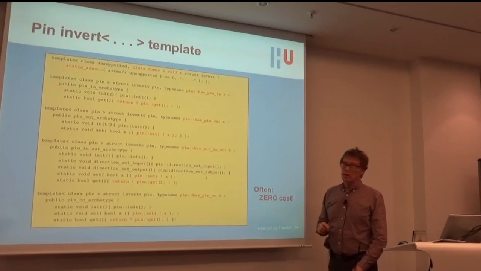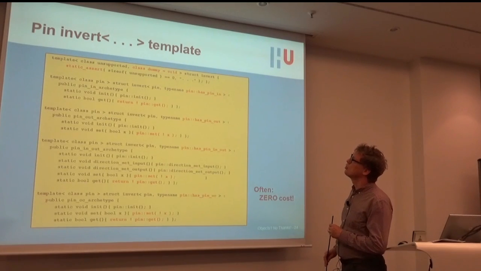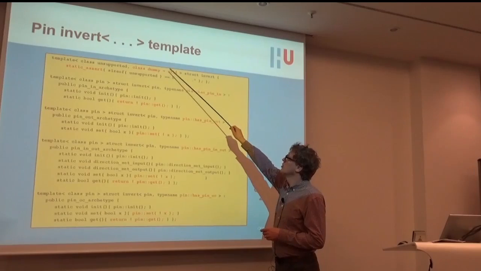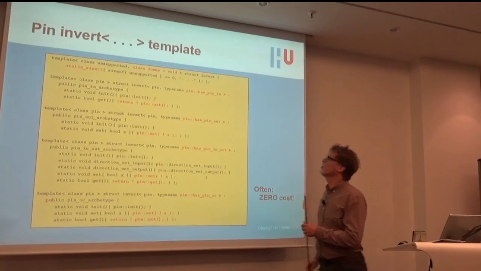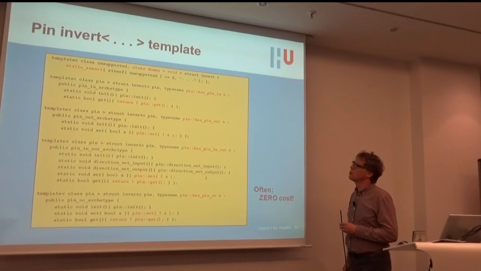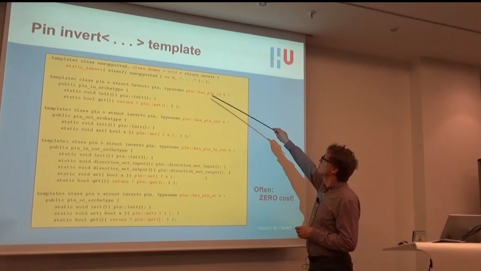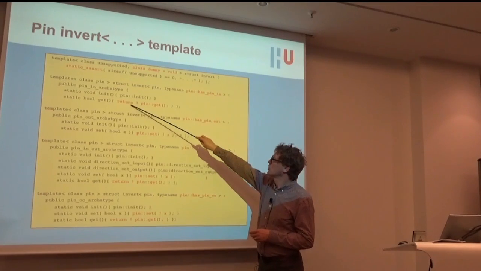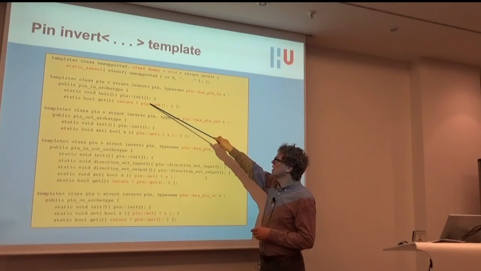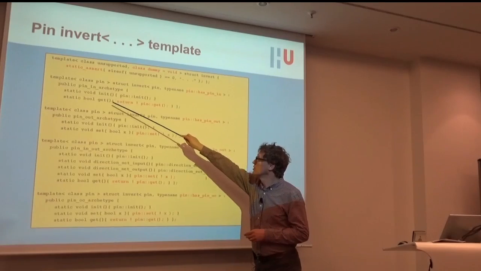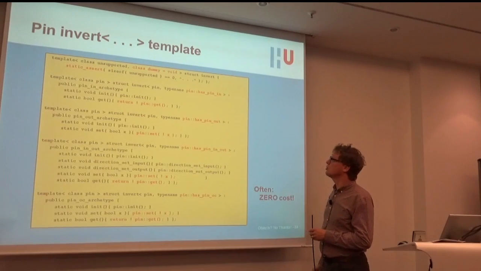This is the implementation of this invert template. Again, if it doesn't recognize what type of class it gets, it just gives a compile time error. If it has an input pin, it just calls the pin get from the underlying pin, inverts it, and returns that inverted result.